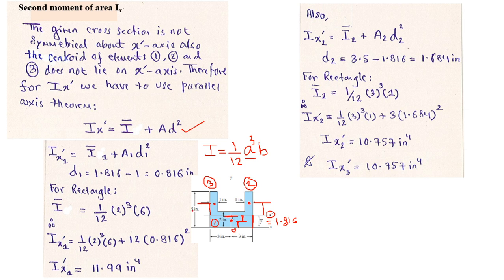So we have calculated the second moment of areas of shape number 1, shape number 2 and shape number 3 about the x dash axis by using the parallel axis theorem.